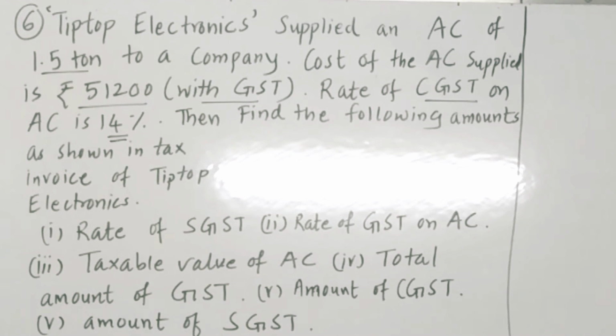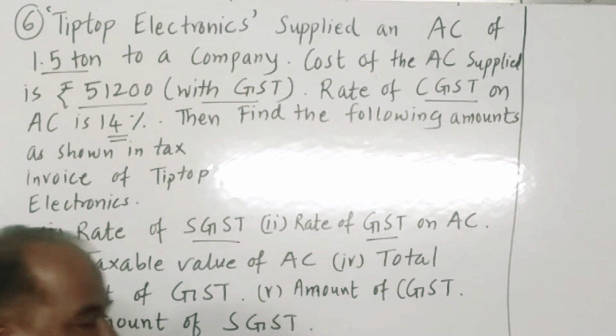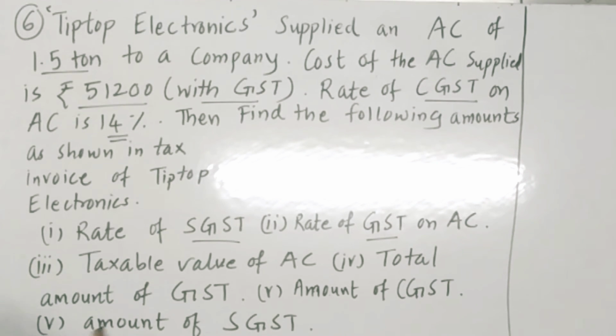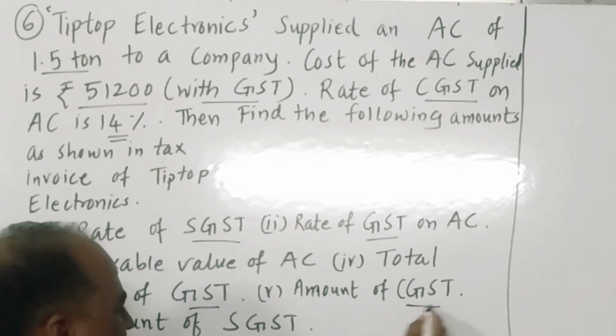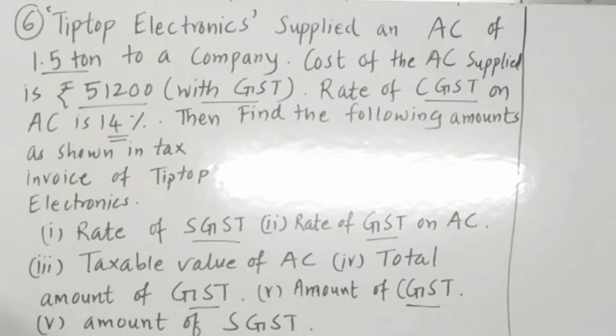Then find the following amounts as shown in the tax invoice of Tip-Top Electronics: the rate of SGST, the rate of GST on AC, the taxable value of AC, the total amount of GST, the amount of CGST and the amount of SGST.